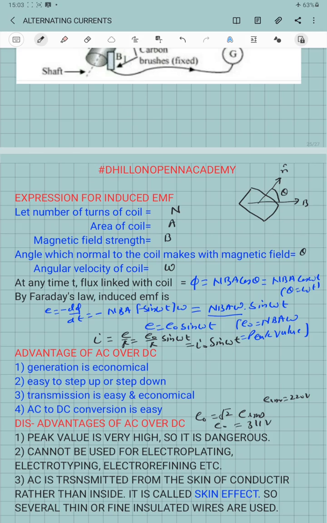So in order to have a greater skin effect and greater surface area, instead of using a single thin wire, we use multiple thin wires braided together so that the surface area can be increased and the transmission can also be done in a better way.